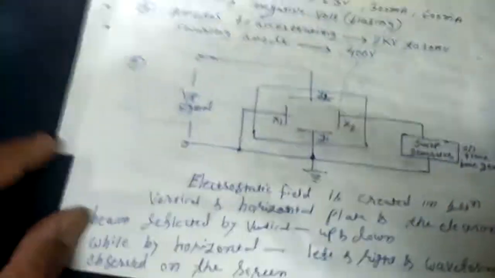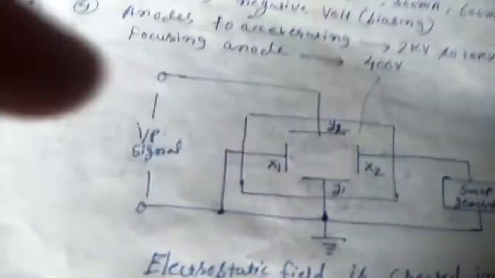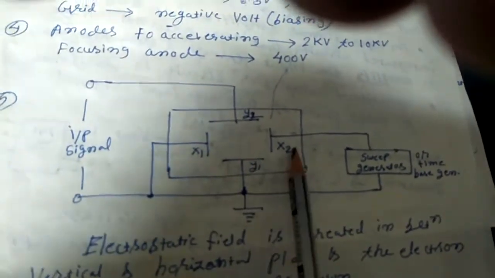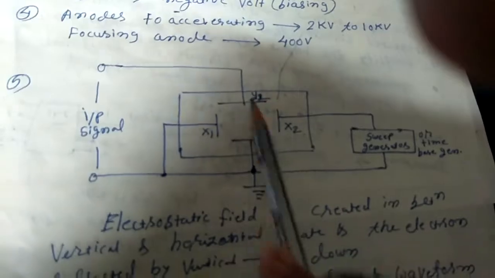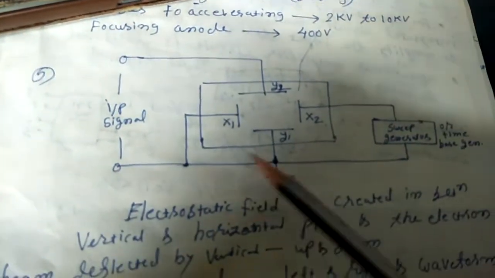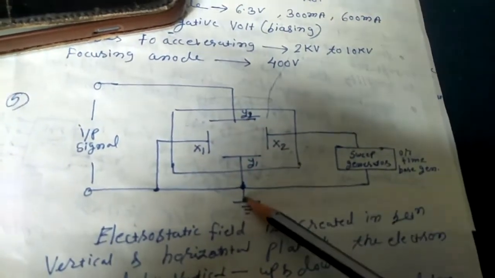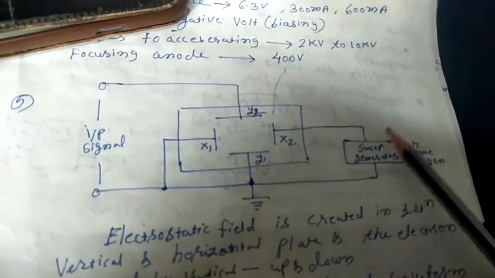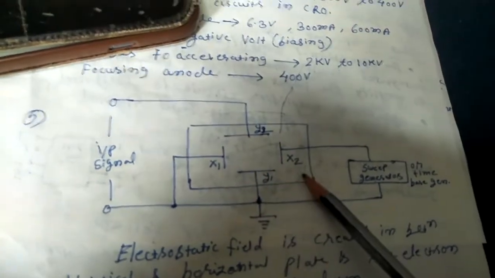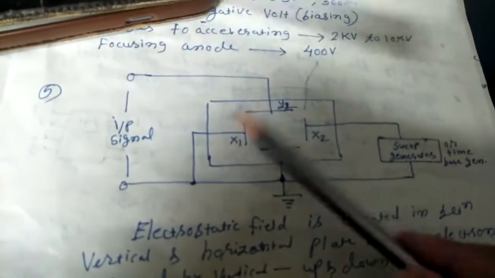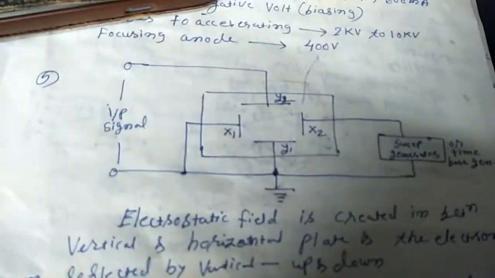Now I have drawn this diagram. These are the plates: X1 and X2 are the horizontal deflecting plates, and Y1 and Y2 are the vertical deflecting plates. Here I am applying the input signal across the vertical deflecting plates and the sawtooth waveform to X1 and X2. Here Y1 is grounded and X1 is grounded; one plate of each deflecting pair is grounded.